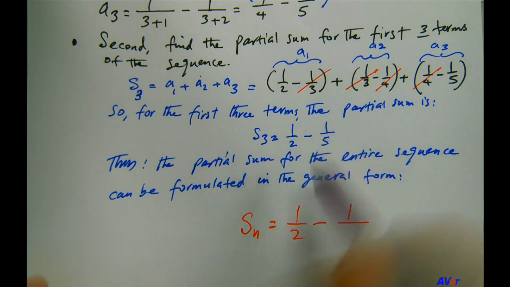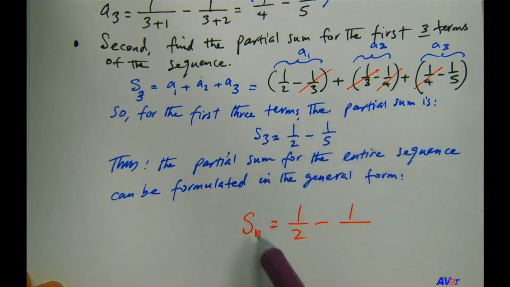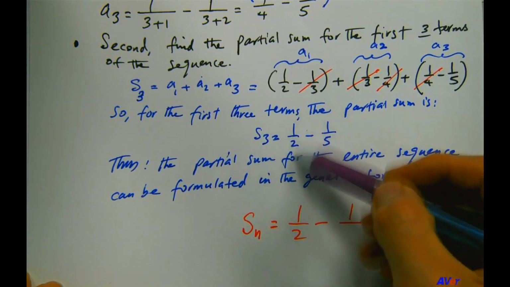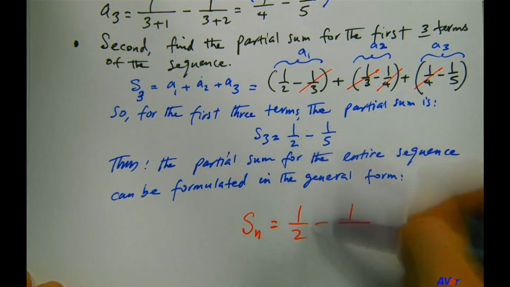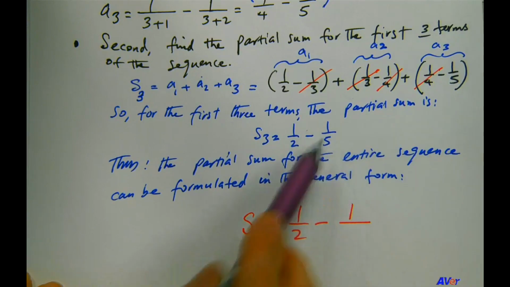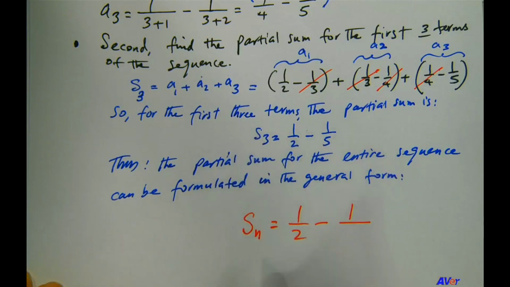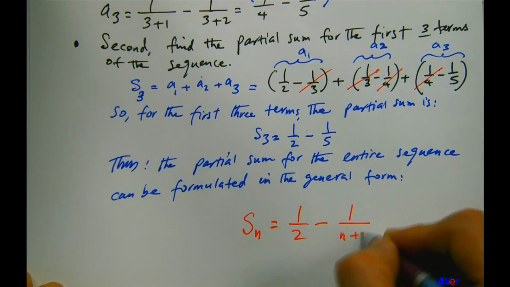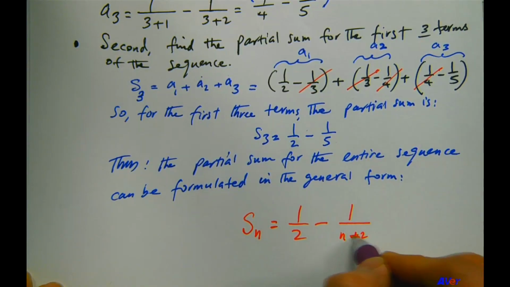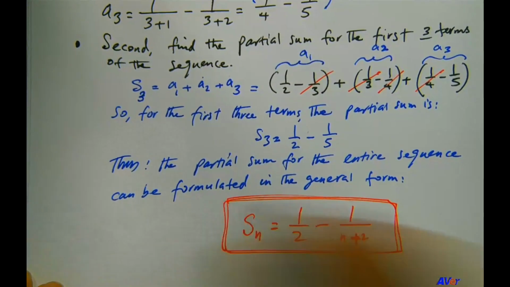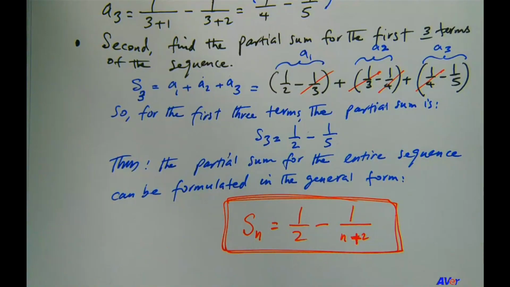So 3, we can now generalize to Sn. 1/2 stayed from the first term, so 1/2 is there. Minus 1 over the last term, which is 2 more than the n, or 2 more than 3. So n plus 2. So that is our partial sum formula for this sequence.